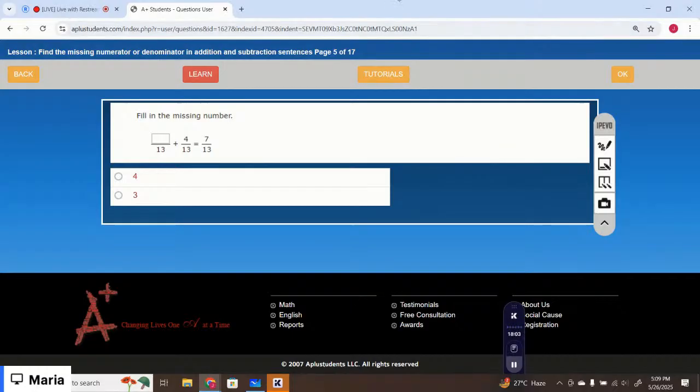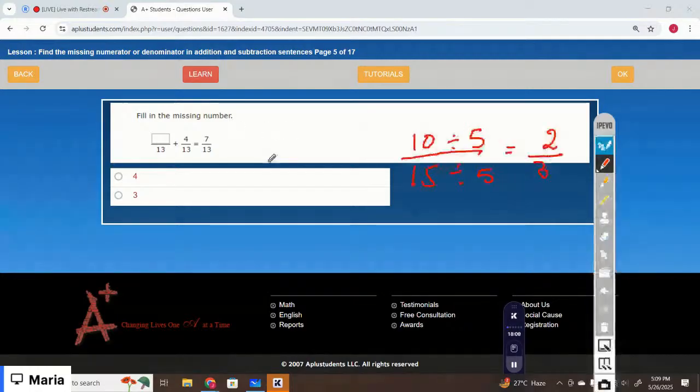Fill in the missing number. The denominators are both the same, right? So what number when added to 4 equals 7 over 13?